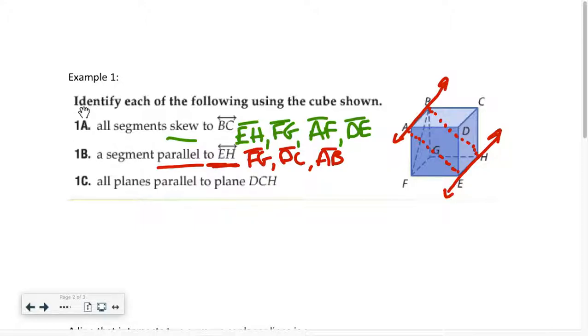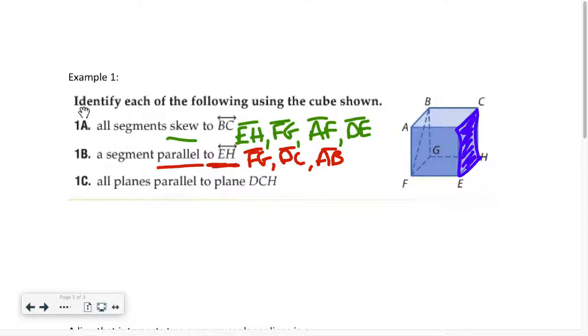All planes parallel to DCH. So our last example here, we need planes that are parallel to DCH. Of course, it's going to be useful to us to identify plane DCH. So we're talking about this side of the box here. Okay.